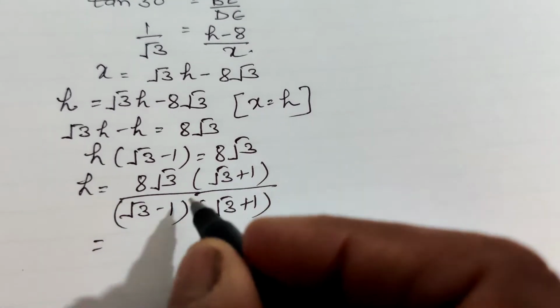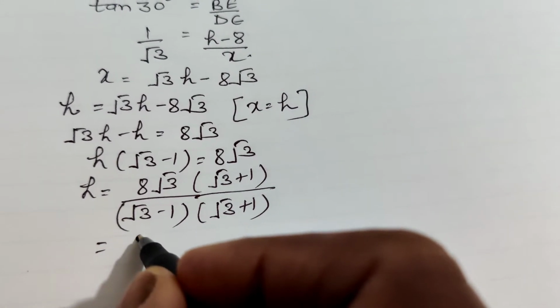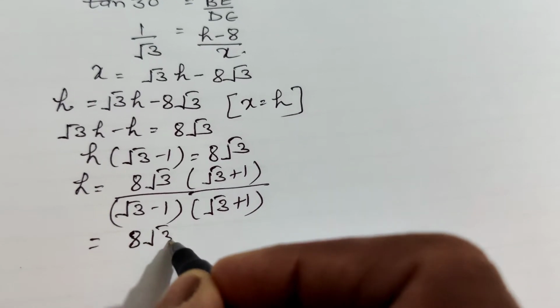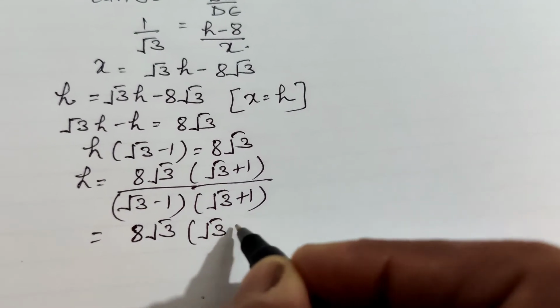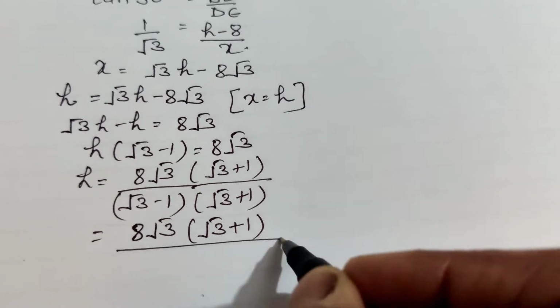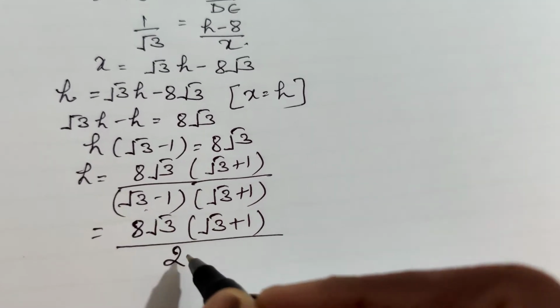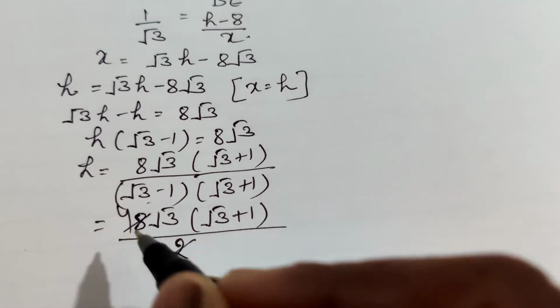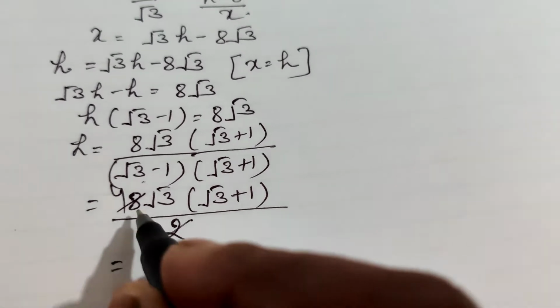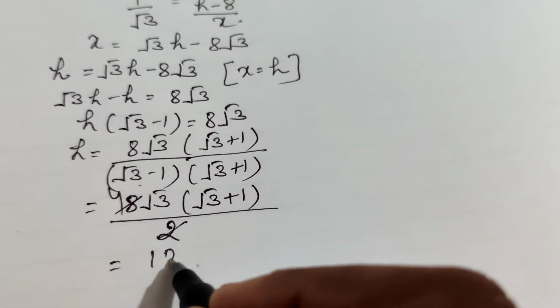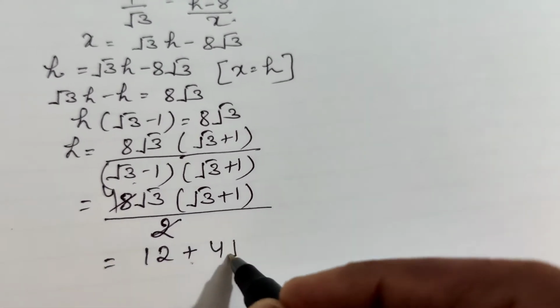We get 8 into 3, 24, 8 root 3 plus 1 by 3 minus 1 is 2. Cancel by 4. So we get 4 root 3 into root 3, 12 plus 4 root 3.